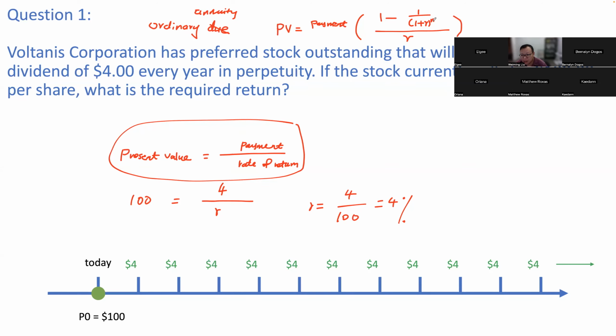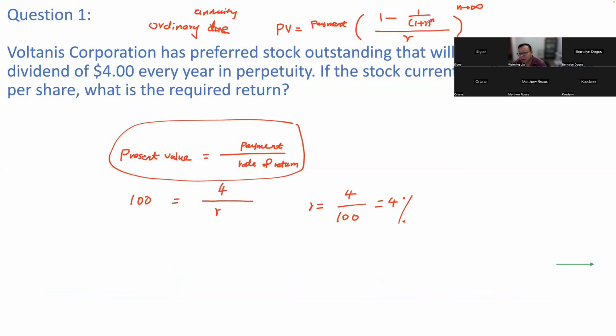But now this is a perpetuity. So when it's a perpetuity, your n goes to infinity. So what happens is that you have 1 plus r, and this number is more than 1, because r is a positive number.